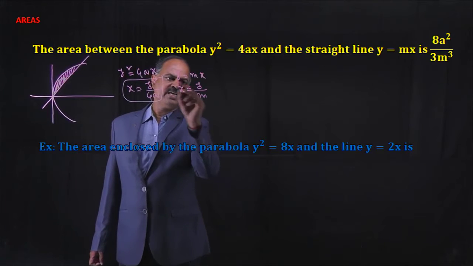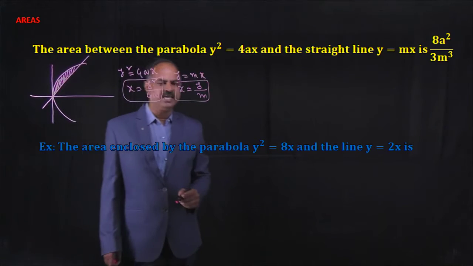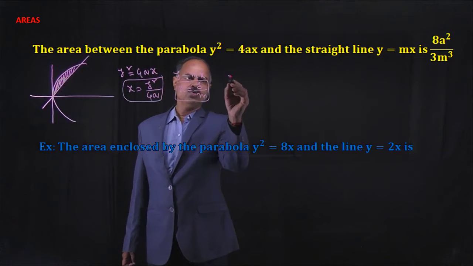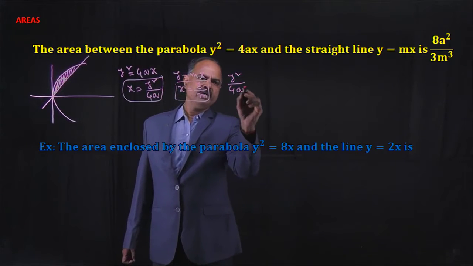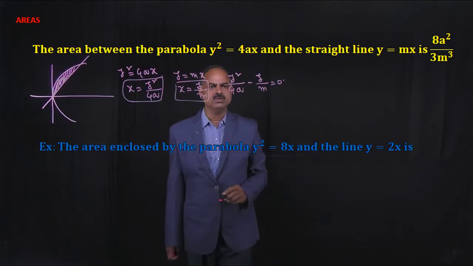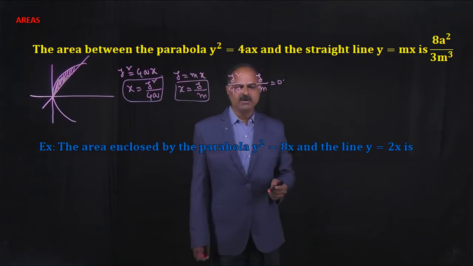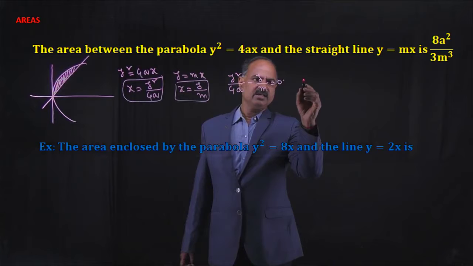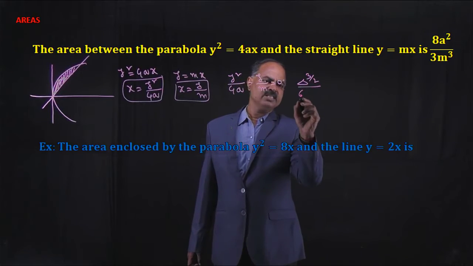Equating linear terms, y square by 4a minus y by m equal to 0.